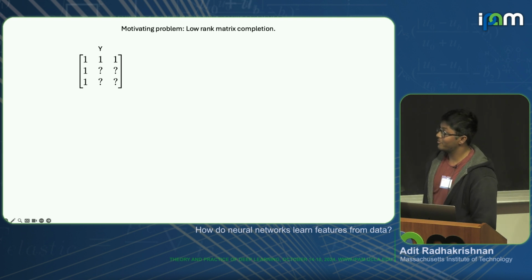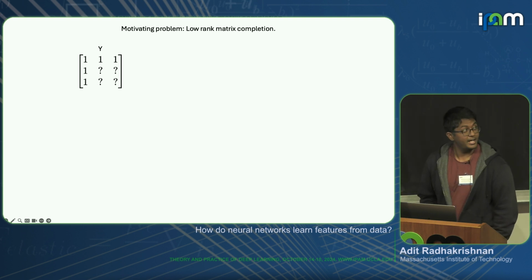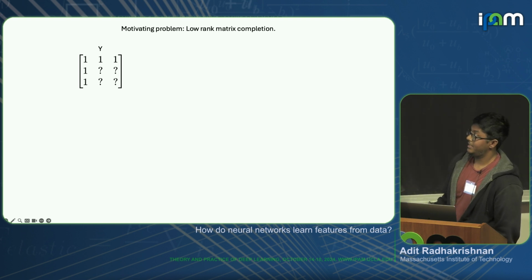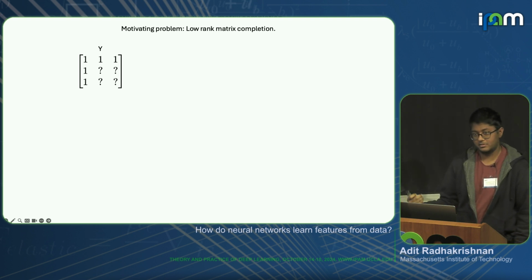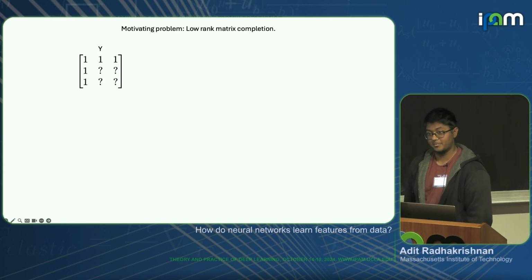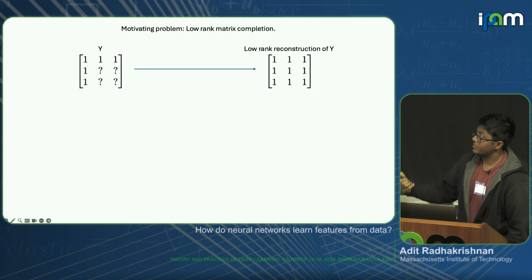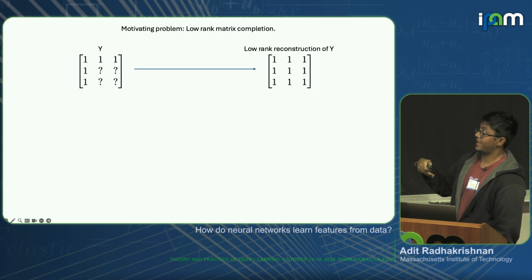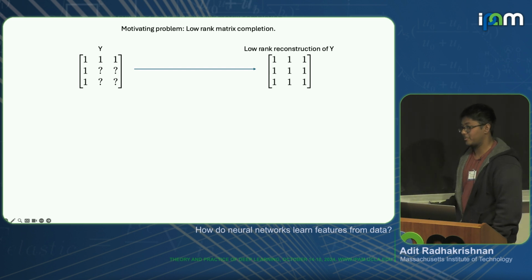The motivating problem we're going to look at is just low-rank matrix completion. The idea here is that I'm given some matrix Y, where I have some subset of observations, but it's corrupted, so I'm missing some observations in this matrix. The goal is to reconstruct these missing entries in a way that gives me a low-rank reconstruction of Y. Why is this problem interesting?